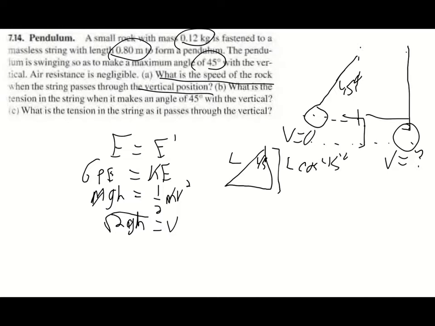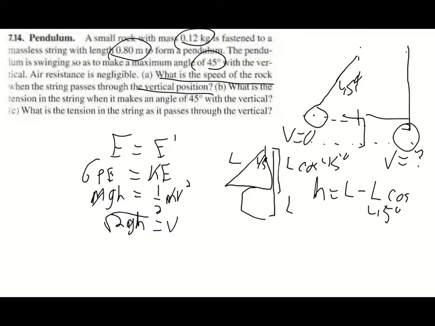And when it gets to the bottom, it's going to have the entire length, so that entire length is going to be L. So the difference, the amount that it fell, is going to be this distance here, which means h is going to be L minus L cosine of 45 degrees. So that's what h actually is.